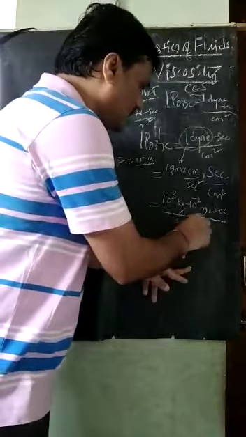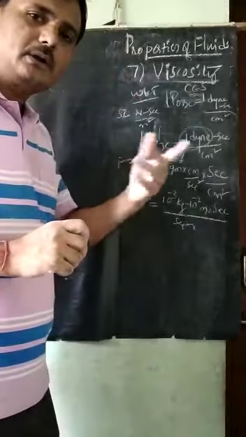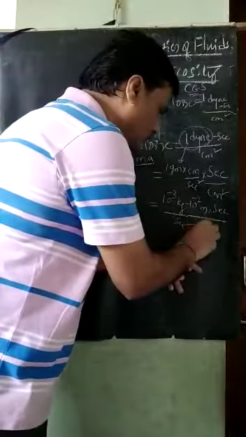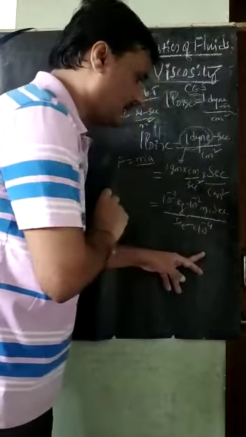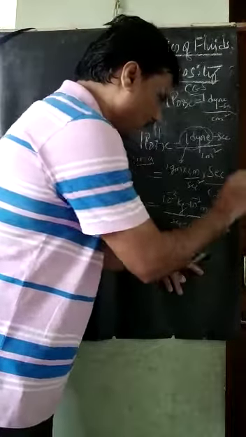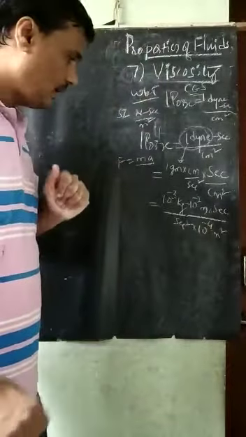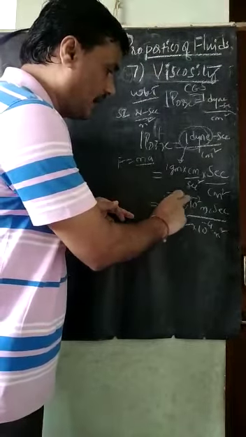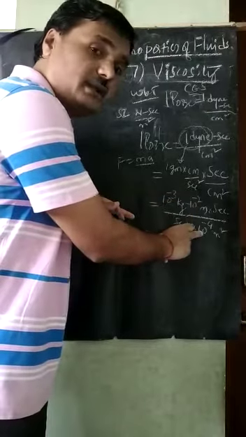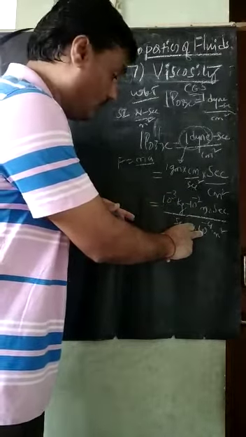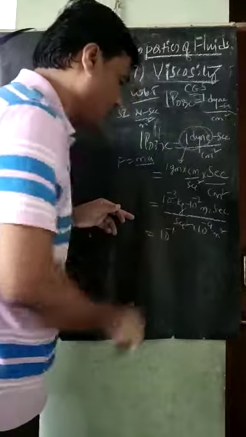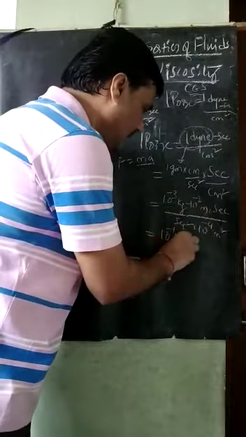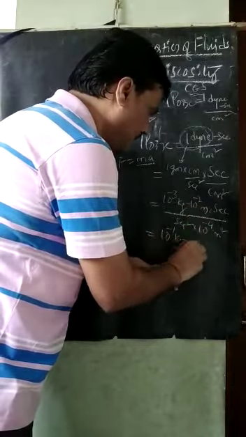So next, centimeter square I will convert into meter square. How to convert this one now? Into 10 raised to minus 4, because square is there, into meter square. So now what I have got is 10 raised to minus 3, 10 raised to minus 2, 10 raised to minus 5 divided by 10 raised to minus 4. So what I am getting is 10 raised to minus 1. Next I will write this unit, kg meter per second square.